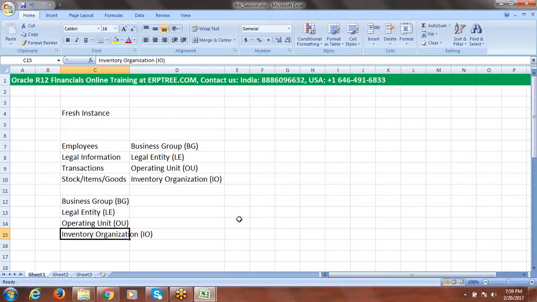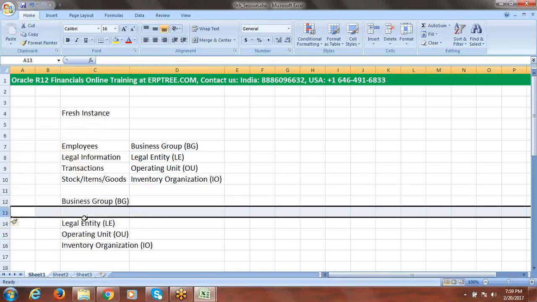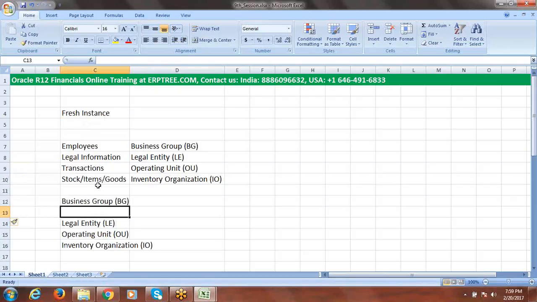Along with this, already we discussed, if you want to record the transaction in the subledger applications, along with the three C's, calendar, currency, chart of accounts, we need one more C called accounting method. By grouping these calendar, currency, chart of accounts, and accounting method, we can create the primary ledger, the same we did in the system also. So that also I'm including along with all these definitions, all these environments.